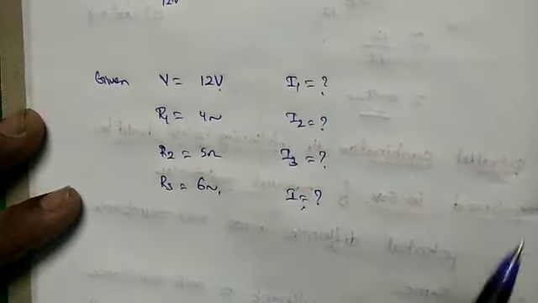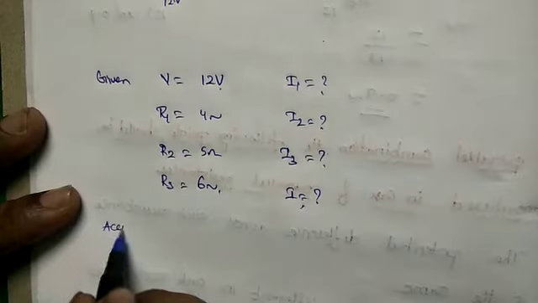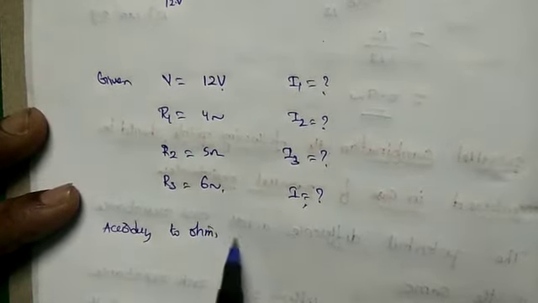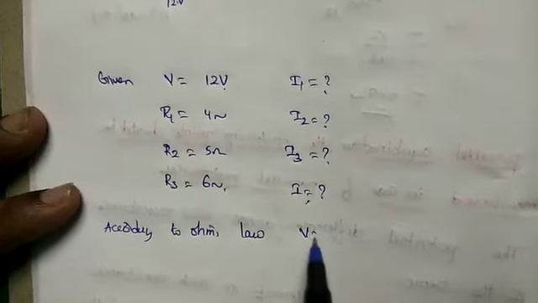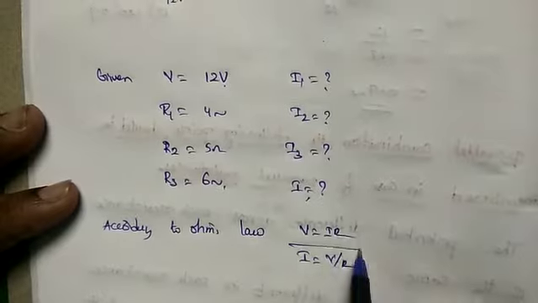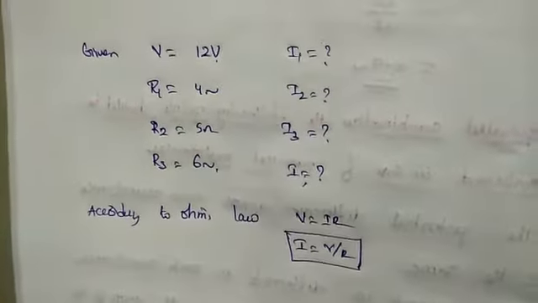Whatever it may be, according to Ohm's law, V is equal to IR, then I is equal to V by R. This is the formula we use to find the current.